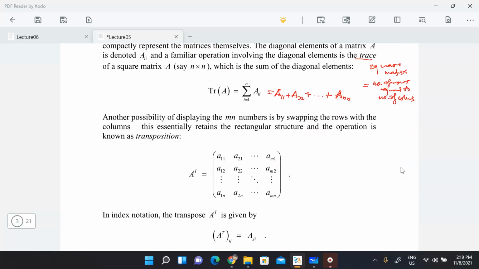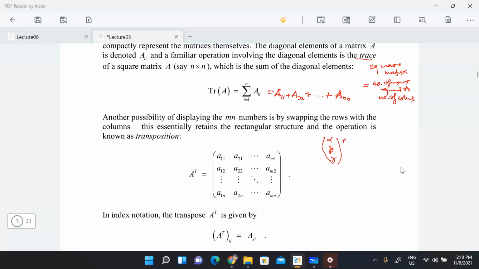What else can be done with matrices that does not appear in general for ordinary vectors is the transpose. Actually, that statement is not quite true. I can transpose, for example, alpha, beta, gamma here.